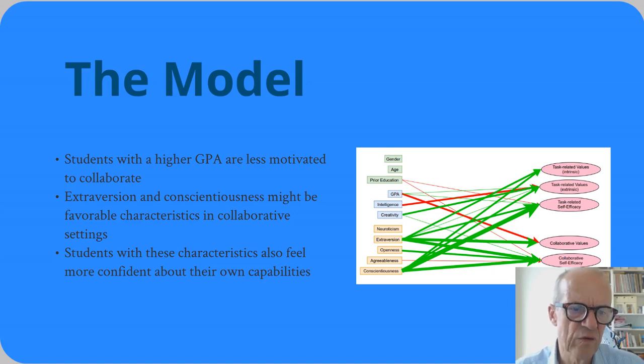So indeed students with higher grade point averages are less motivated to collaborate. And extraversion and conscientiousness are favorable characteristics in a collaborative setting. So students with high scores on extraversion and conscientiousness will probably flourish in a group problem solving or group assignment as part of their program.